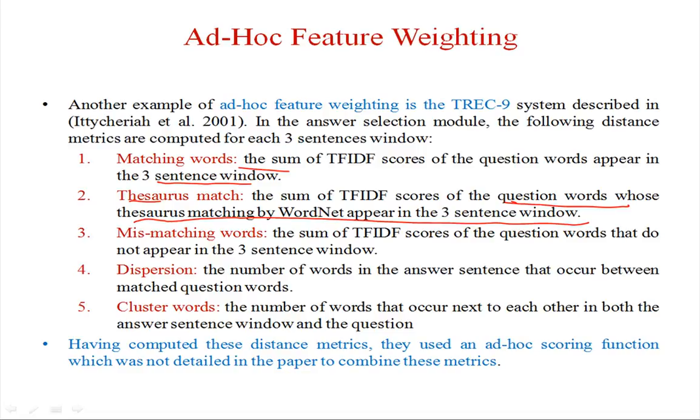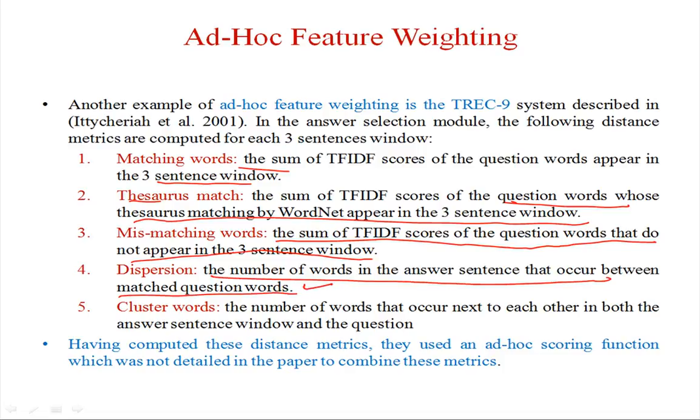Mismatching word: the sum of TF-IDF scores of the question words that do not appear in the 3 sentence window. Dispersion: the number of words in the answer sentence that occur between the matched question words. Cluster words: the number of words that occur next to each other in both the answer sentence window and the question.